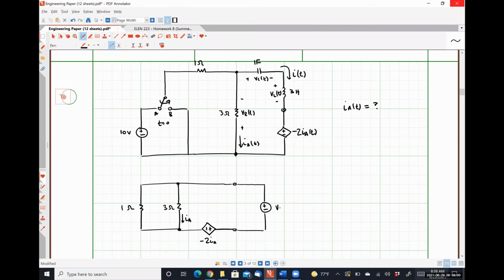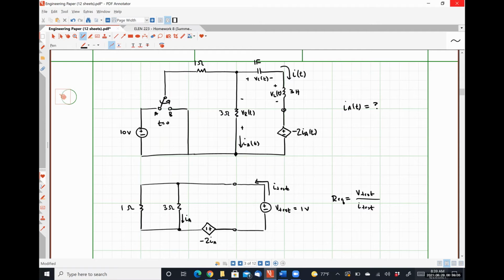And I'm going to say that V test will be 1 volt. And I arbitrarily chose the top polarity to be positive, but it wasn't particularly matter. That means that I'm going to have to find some test current, I test, that is leaving the positive polarity terminal, and the ratio, so Req will by definition be V test divided by I test, right?